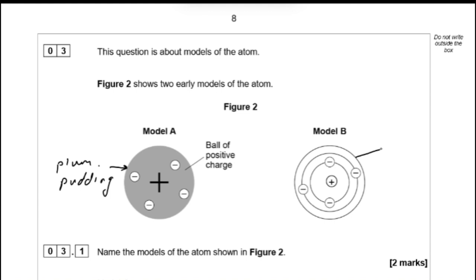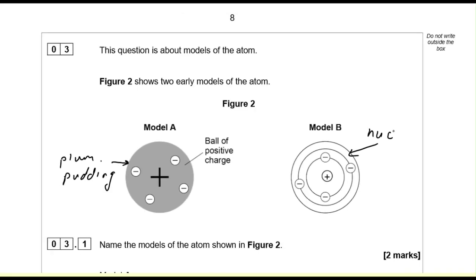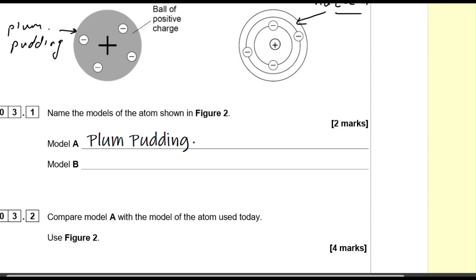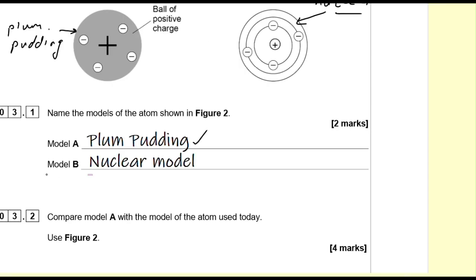You've got a central positive charge, and then you've got these circles, almost like planets with these negative charges, which we assume are electrons, and this is what we call the nuclear model. So model A is the plum pudding model, model B the nuclear model. 1 mark each, 2 marks.